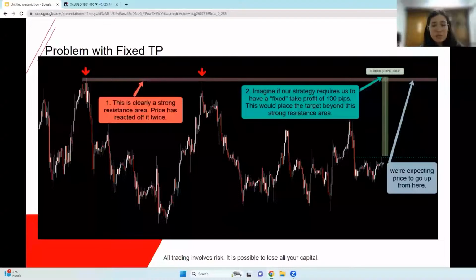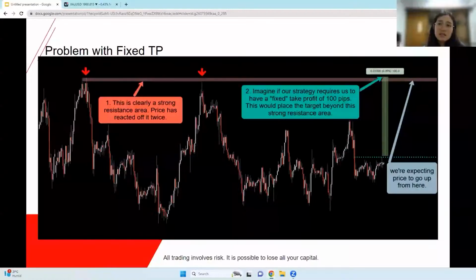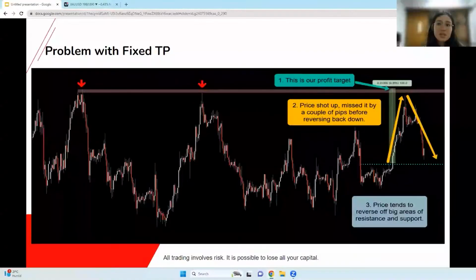If our trading strategy requires us to have a fixed take profit of 100 pips, we will place the target beyond this strong resistance area. Let's see how this plays out. You can see price shot up, but it missed it by a few pips before reversing back down. The reason for this is because price tends to reverse off of big areas of resistance and support.